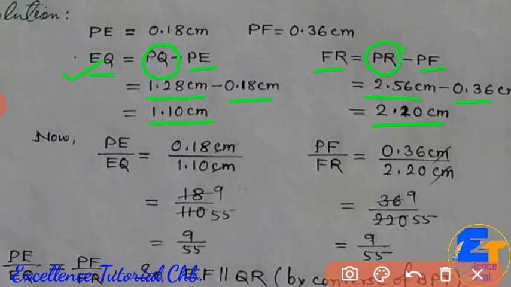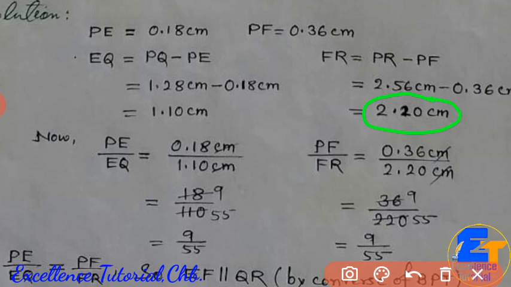Now it will be easy for us to calculate the ratio. See, the left side ratio, PE upon EQ. We put the value here, and finally we got 9/55. In the same way, the right hand side ratio, that is PF upon FR: PF is given in the question as 0.36, and FR from the calculation we got 2.20, so we put this value at the denominator place.